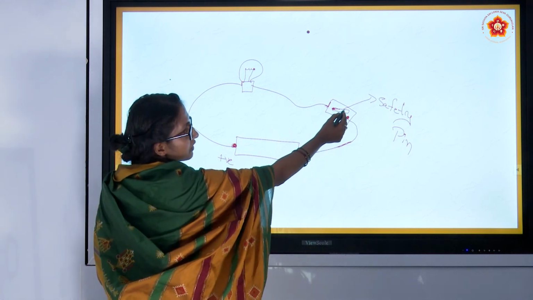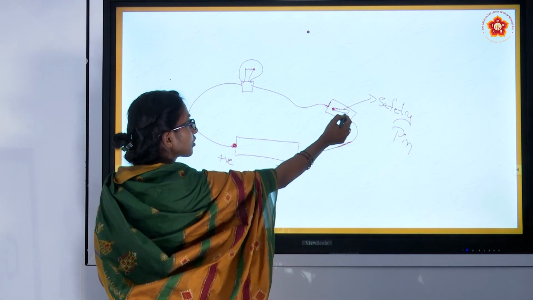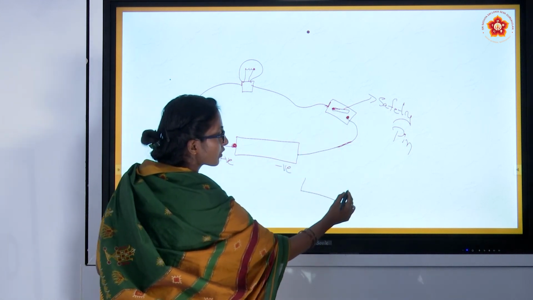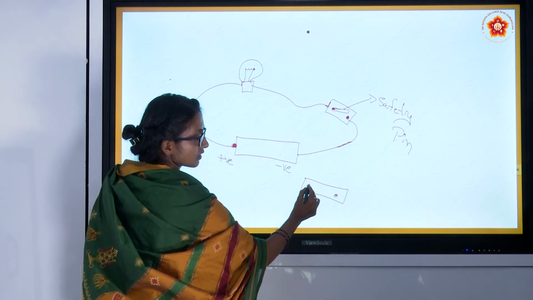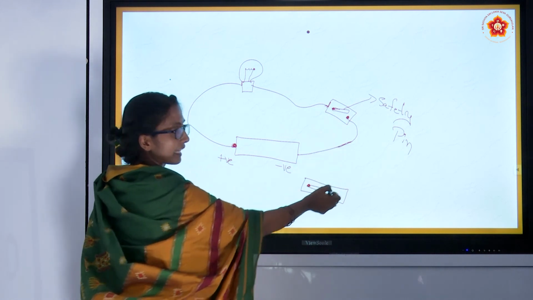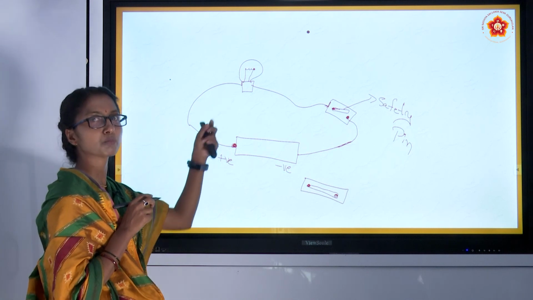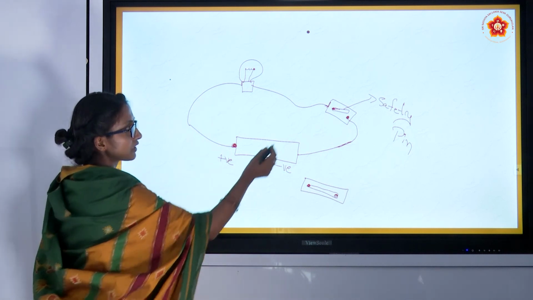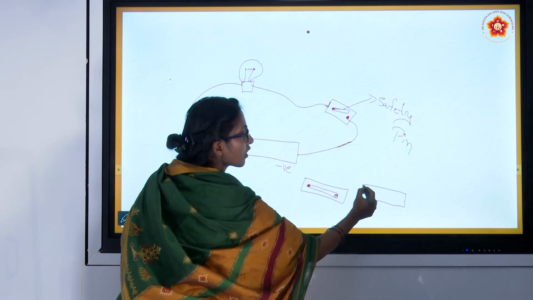Now, if you put this switch in the on position, I'll draw here. If you put the pin on the other nail, it is said to be in the on position. Then you can see the LED bulb glowing. If you remove it from there, it looks like this.